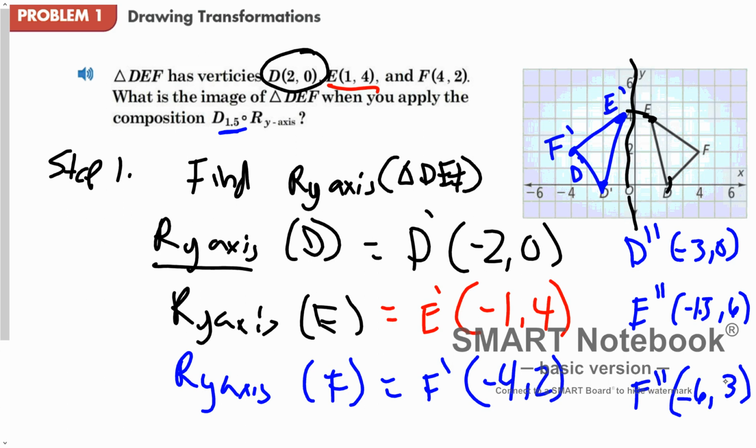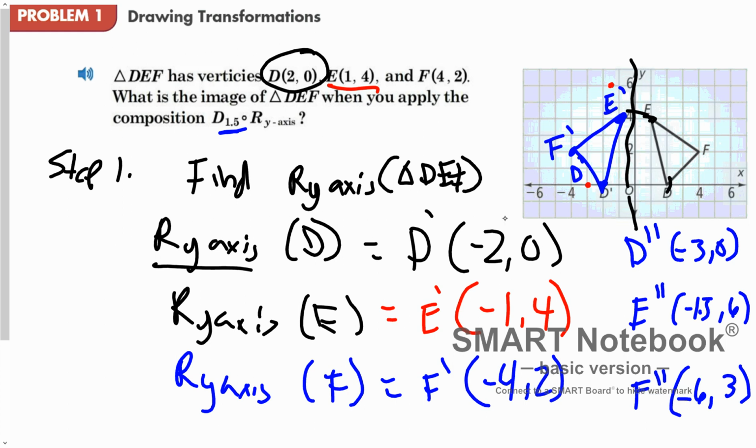Okay, so you want to do the flipping first and then do the dilation. So the dilation is always last. So here we have -3 and 0, then we have -1.5 and 6. That's about right there.